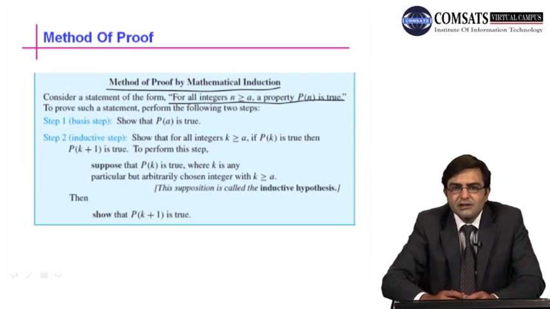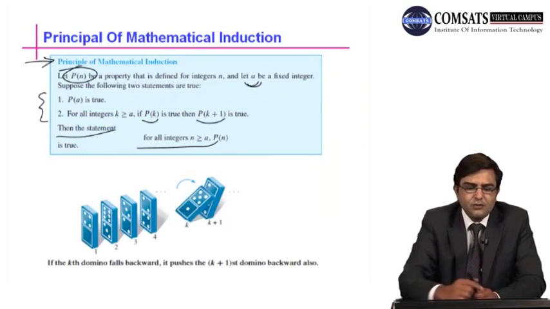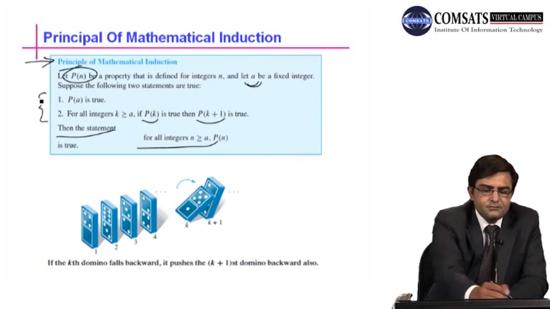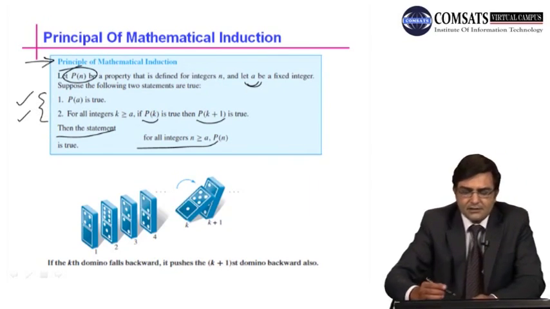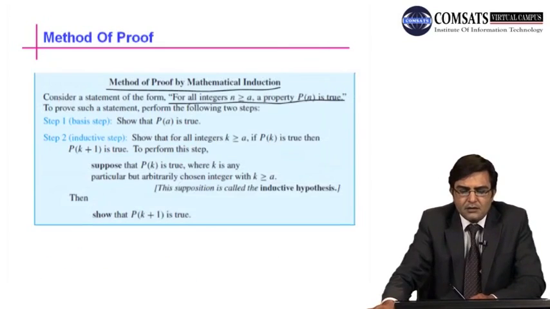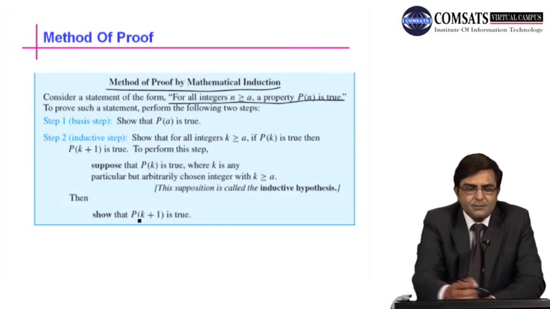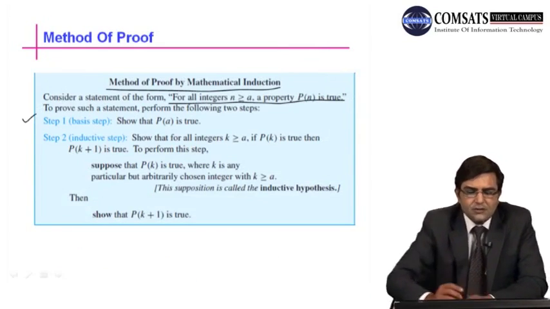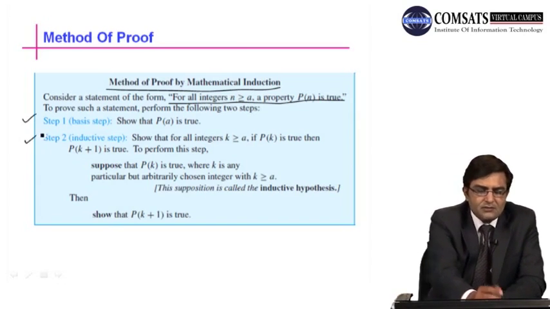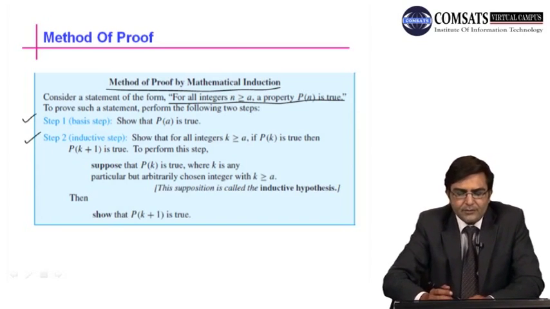Now how do we prove it? There are two statements we have to prove. The first is this and second is this. The first step is also called the basic step, and the second step is called the inductive step.